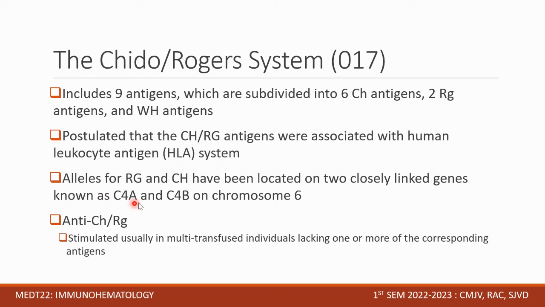Alleles for the Rogers and Chido have been located on two closely linked genes known as C4A and C4B on chromosome 6. Anti-Chido-Rogers is usually stimulated in multi-transfused individuals lacking one or more of the corresponding antigens.